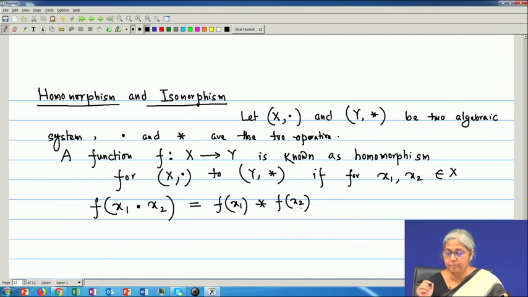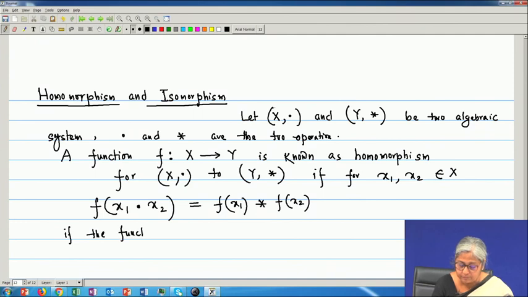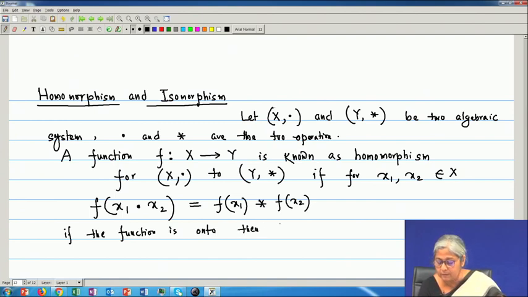So, if the function is this, then we call it a homomorphism between x and y. And here we can also tell, since it is a function, that if the function is onto, then the term is epimorphism.